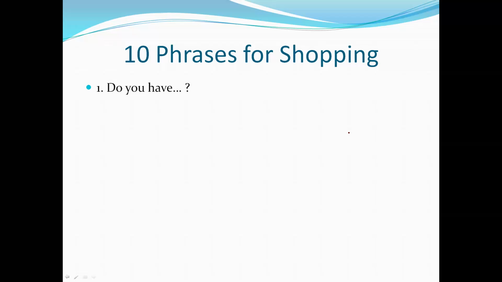Or you can ask, where can I find a mobile, where can I find a laptop, where can I find sports material, where can I find t-shirts, pants, etc. For a particular thing that you want to search for in that shopping center, which you don't know where it is, you may ask the salesperson, where can I find this particular thing?